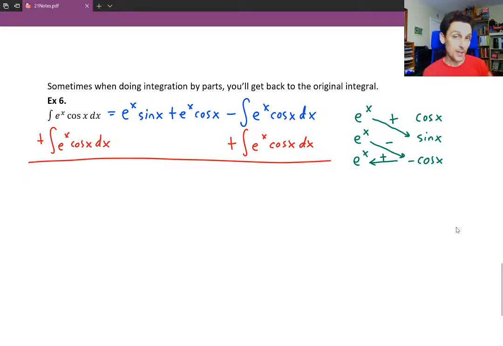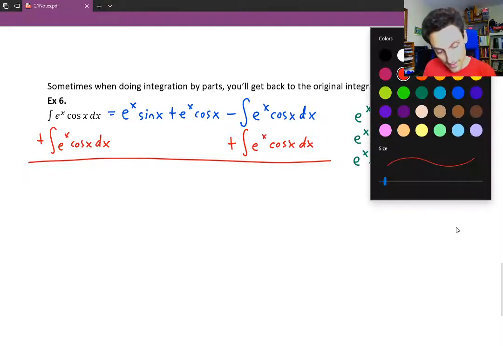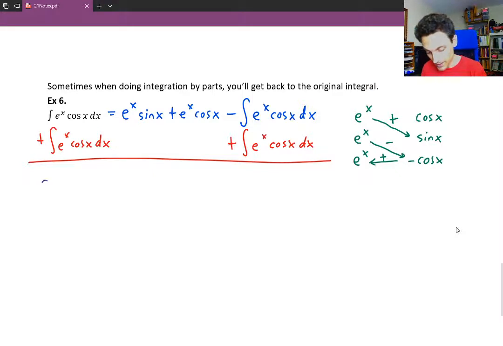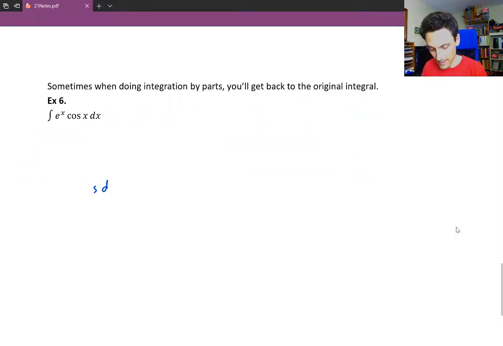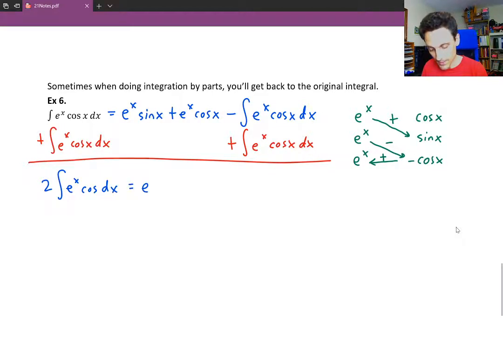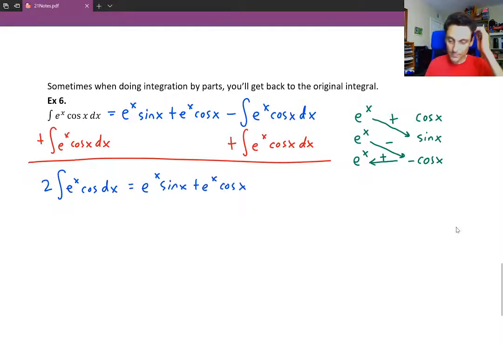That integral is some kind of quantity, and so we can just add that quantity to both sides. So on the left side, we're going to get 2 of those integrals of e to the x cosine x dx. And on the right side, we've got e to the x sine x plus e to the x cosine x. Now if we're trying to solve for this integral of e to the x cosine x dx, all we have to do is divide the 2 over, and we'll be done.